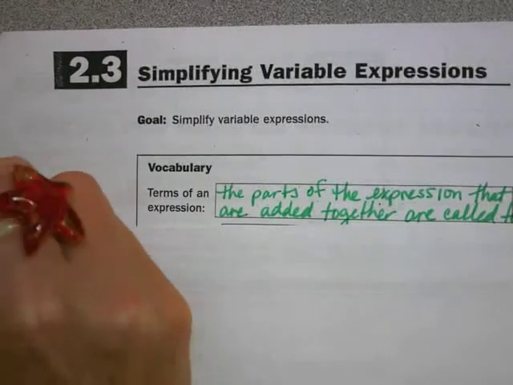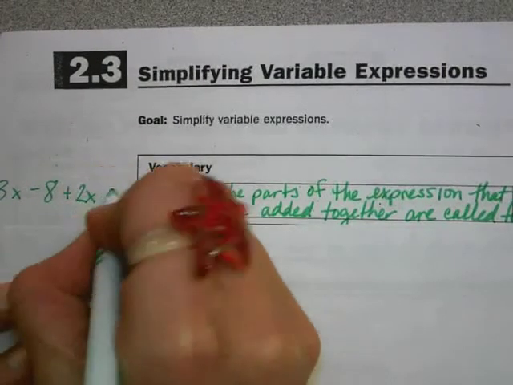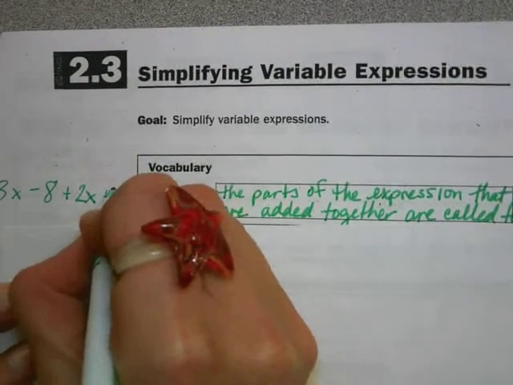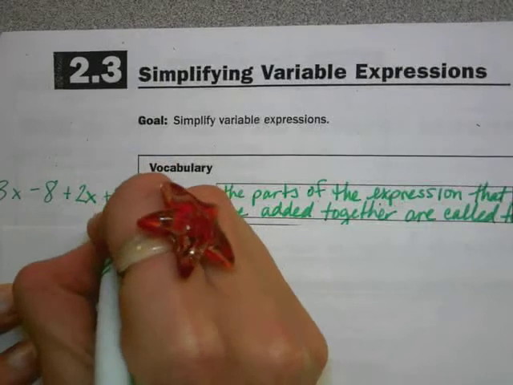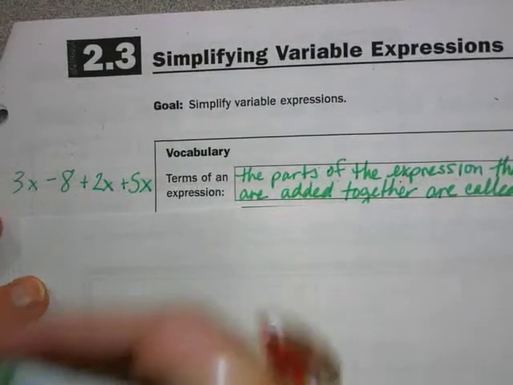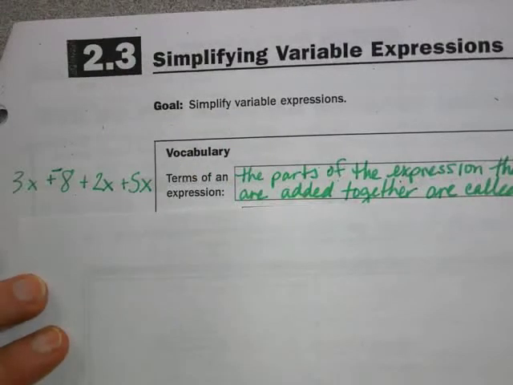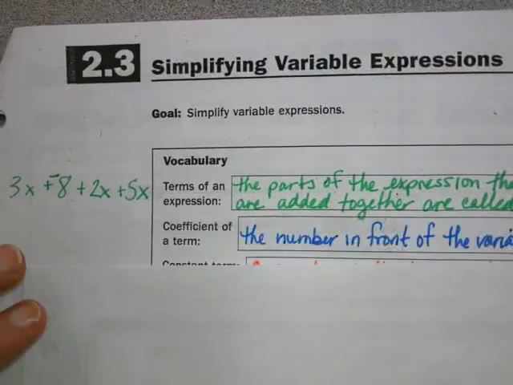So I'm going to just write an expression over here, 3x minus 8 plus 2x plus 5x. And you could say, hey, there's a minus sign there. If I change that minus sign to plus a negative, do I have all adding? Yes, I do. So it's adding or subtracting, because subtracting is adding the opposite, adding the negative.